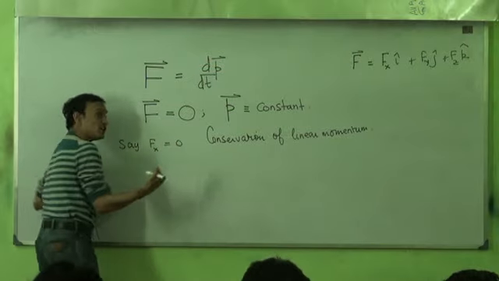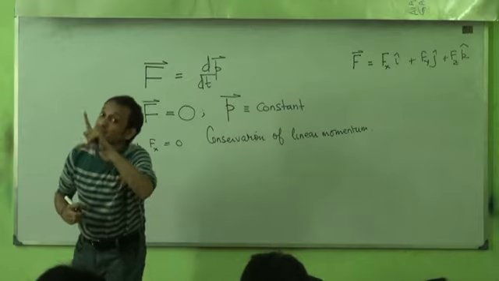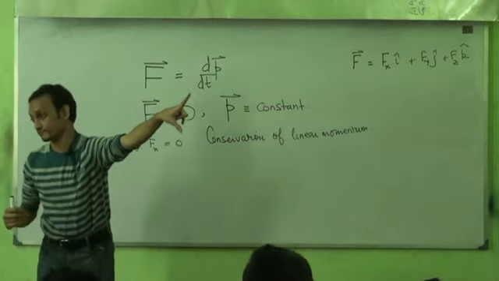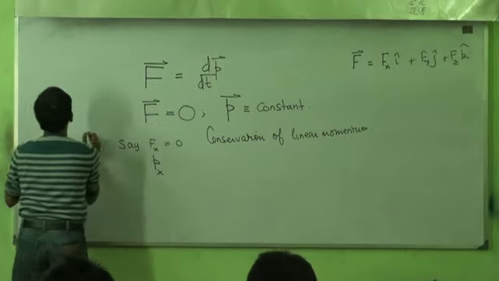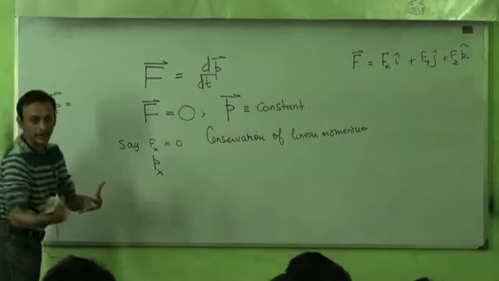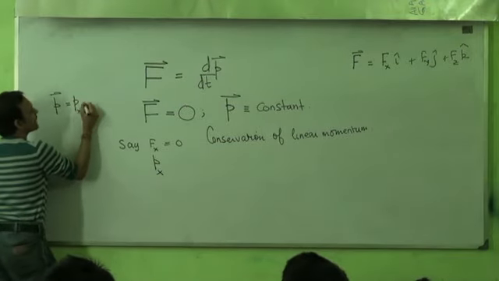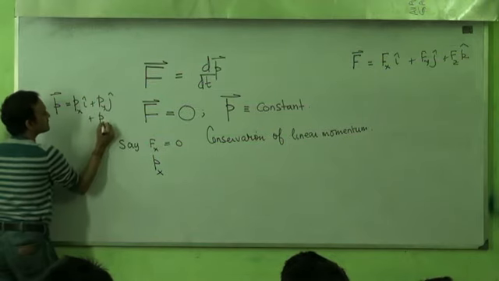If the net of all external forces acting in the x direction is 0, then the linear momentum in the x direction will remain preserved. After all, the linear momentum vector will also have x, y, and z components: Px i cap plus Py j cap plus Pz k cap.